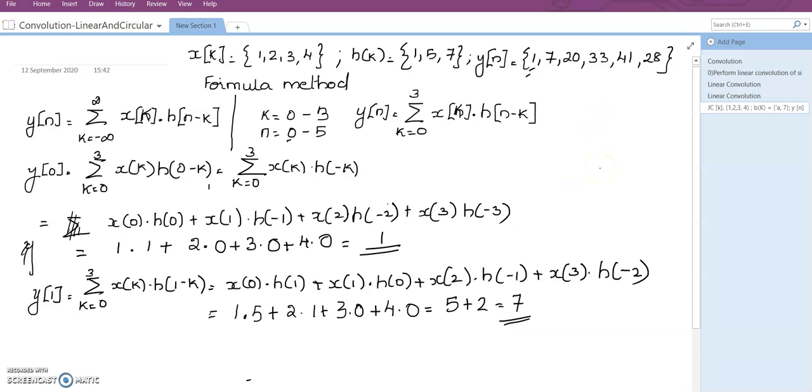Moving on, we'll go for one more solution. All people who are watching should be able to solve it. We'll go for the final one, that is y of 5. And when we speak about y of 5, it will become k equal to 0 to 3 x of k into h of 5 minus k.